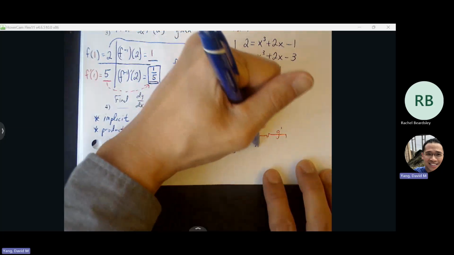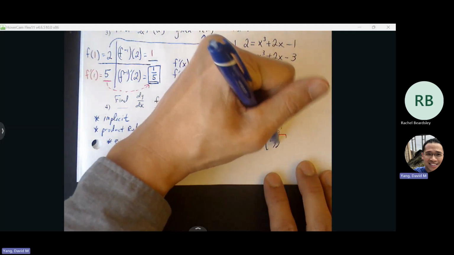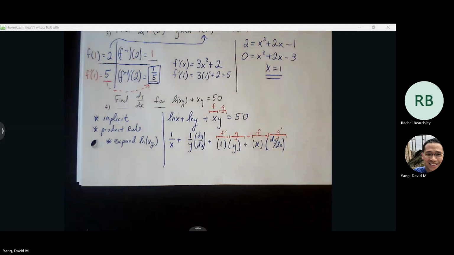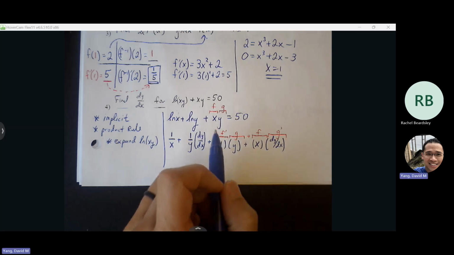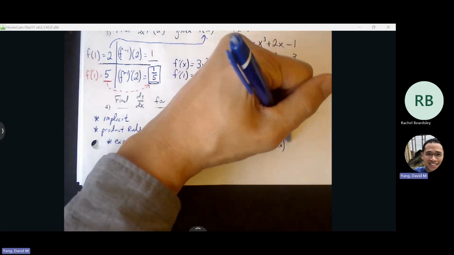Back to f, g prime, y becomes 1 dy/dx. The 50 is also getting impacted, so make sure you push that to 0.